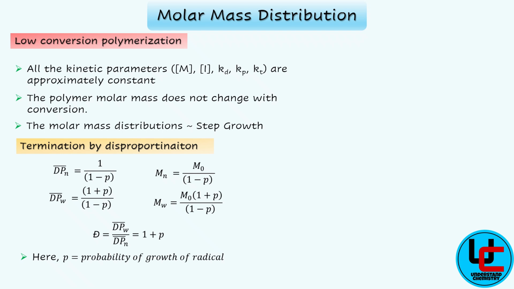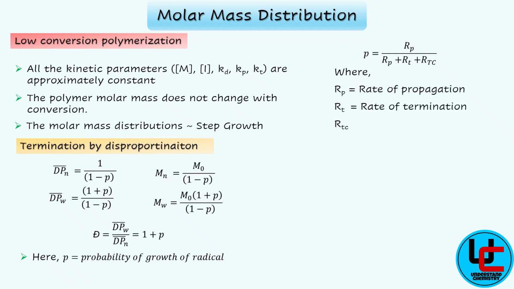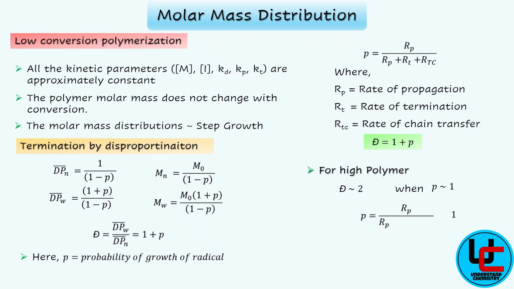The value of P of this reaction is defined as the ratio of the rate of propagation to the sum of the rate of propagation and the rate of termination by disproportionation or chain transfer. The expression for dispersity indicates that for high polymer, where the number and weight average degree of polymerization is large, the dispersity approaches 2. This is possible when P approaches 1. This occurs when the rate of propagation is much greater than the rate of termination.